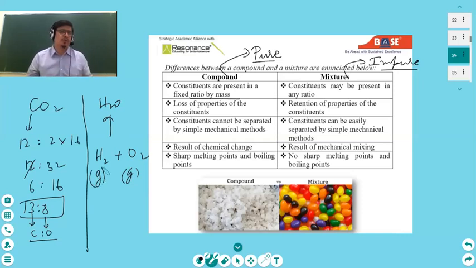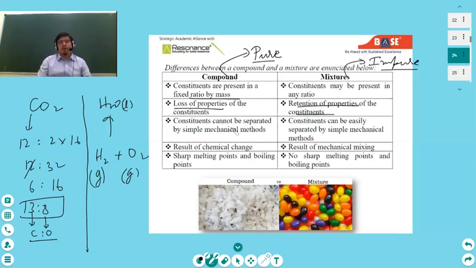Oxygen is known to cause combustion, burning, or heating, whereas water is a liquid. So two gases combine to become a liquid. So the gas loses its identity. That is the meaning of loss of properties. But in a mixture, there is retention of the property of the constituents. Remember the Bhel example, potato remains potato, onion remains onion.